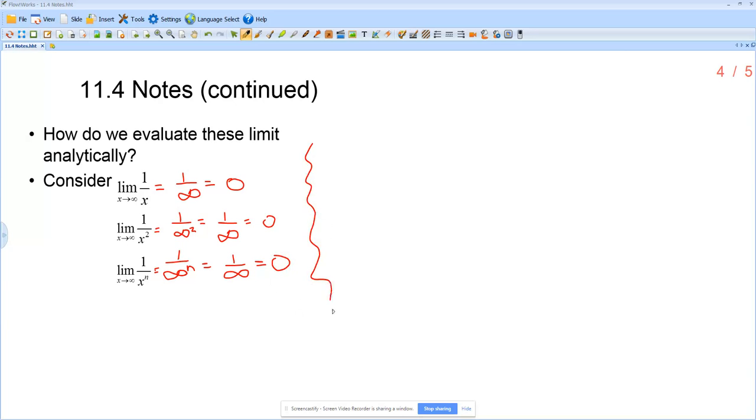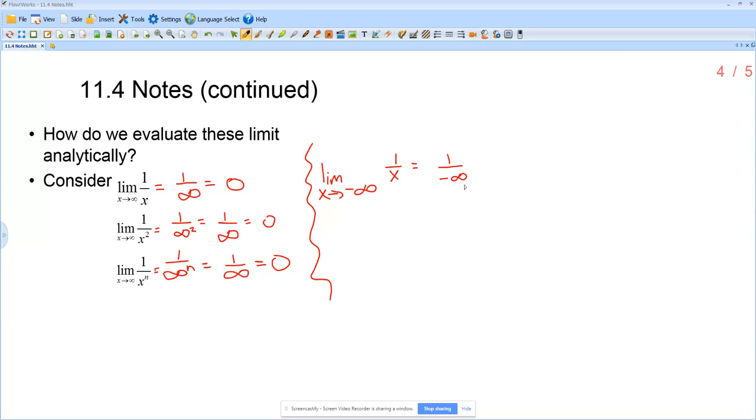Now, I want to talk separately about some other interesting things. If I had the limit as x goes to negative infinity of 1 over x, same thing as what we have here, but now going towards negative infinity, this gives us 1 over negative infinity. When we're talking about negative infinity, we are making this number technically smaller, because it's more negative.